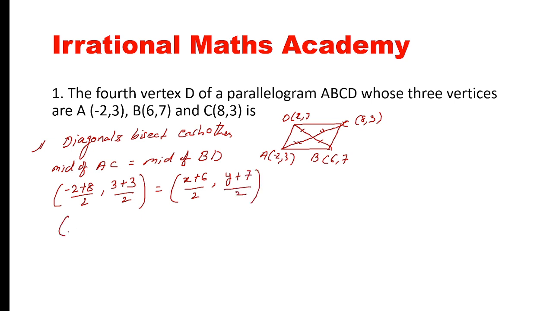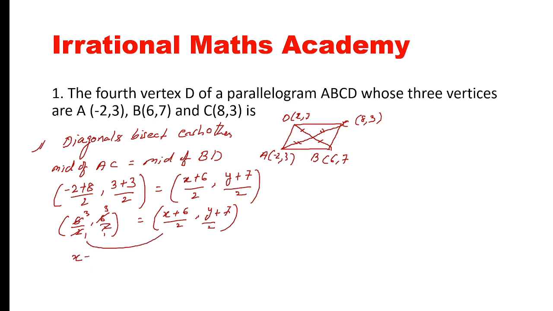So this part, what will we get here? 6/2, 6/2 equal to (x + 6)/2, (y + 7)/2. So 2 ones are 2, 2 threes are 6. So if you equate these coordinates, what will we get here?